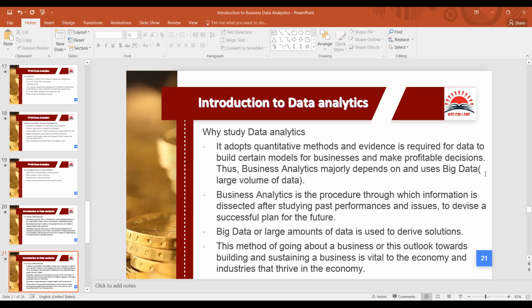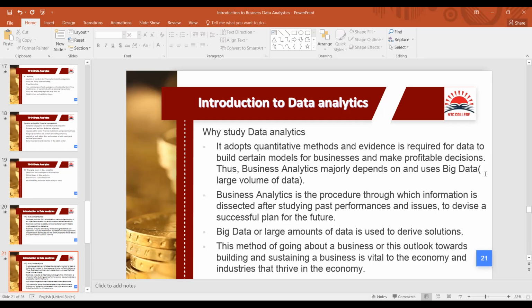Remember, the decisions that are made are data-driven. For you to make profits, you need to understand your trends so that at the end of the day, you are able to make the right decisions.